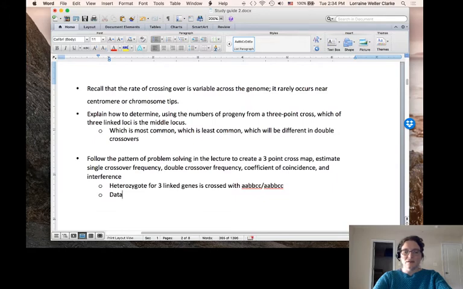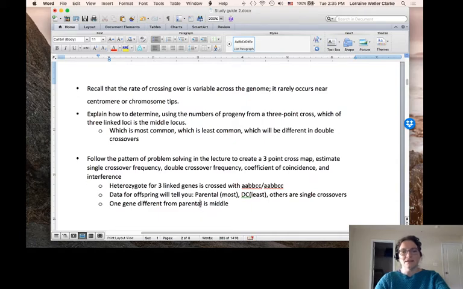The data for offspring will tell you parental most, double crossover least. The others are single crossovers. The one gene different from parental is the middle one in the double crossovers.